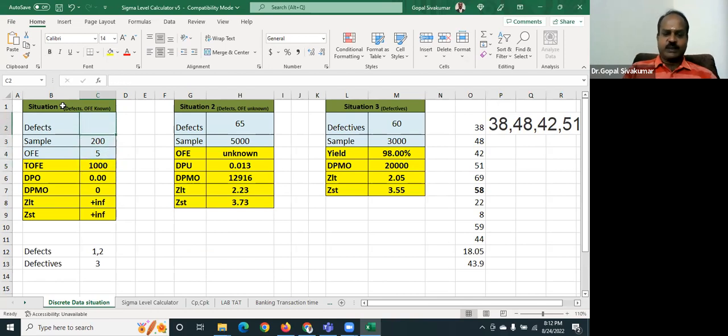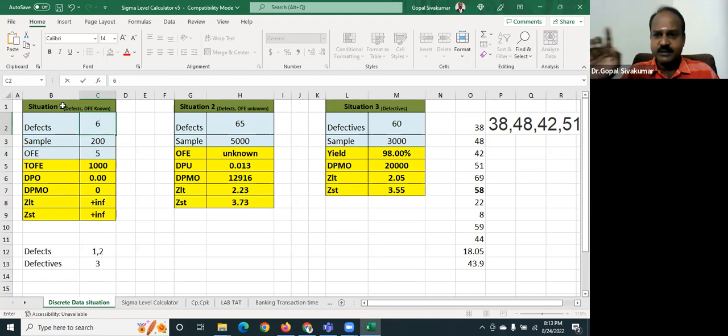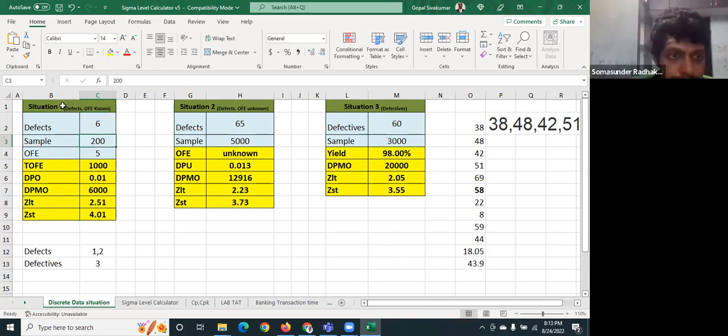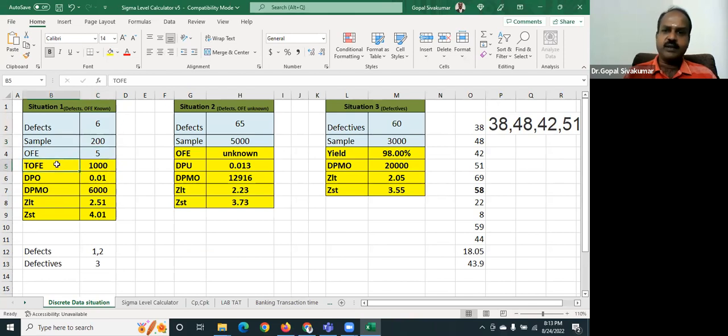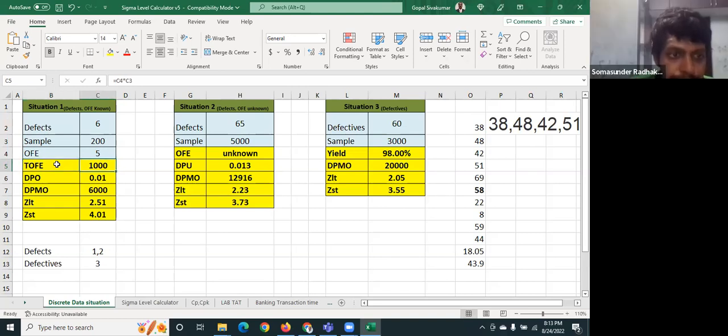After completing the inspection, I am able to understand that there are 6 defects in total. I give an entry. Now what happened? I got TOFE. What is TOFE? Total Opportunities for Error.